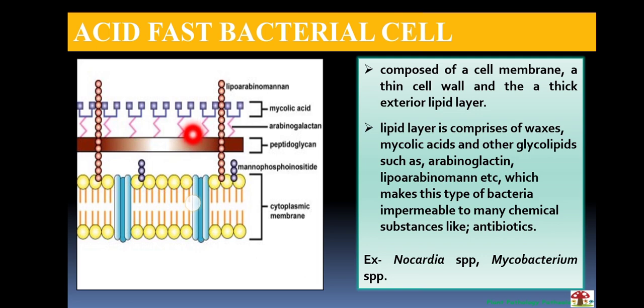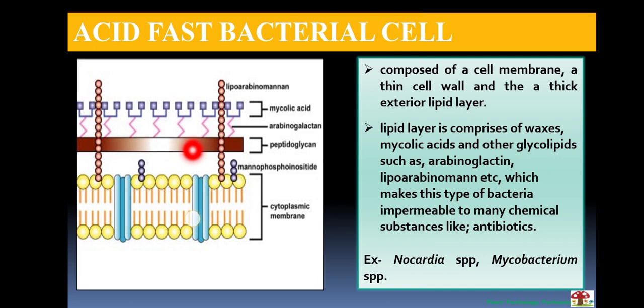This unusual lipid layer comprises waxes, mycolic acid and other glycolipids such as arabinogalactan. This lipid layer makes the bacterial cell impermeable to many chemicals like antibiotics. Okay, and due to this the bacteria become antibiotic resistant.